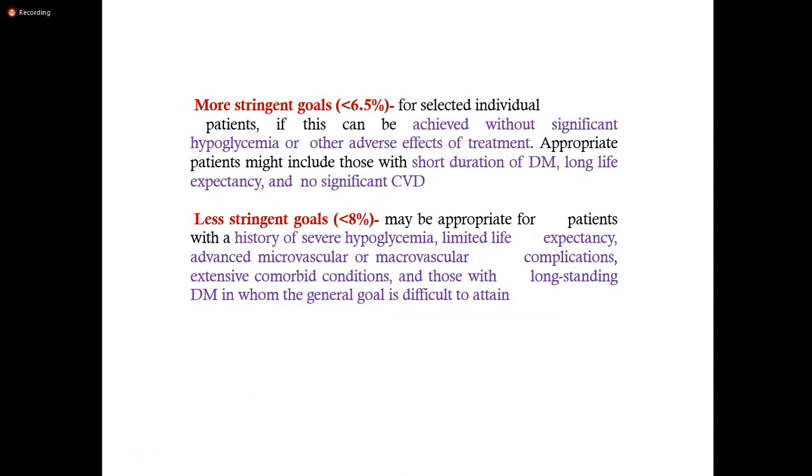This 7%, less than or equal to 7%, is the general value of HbA1c that you have to remember. That indicates good glycemic control if the HbA1c level is equal to or less than 7% in any person. But for some individuals, a young patient with fewer complications, a newly diagnosed patient, you want them to have a strict control, more stringent control. So in that case, we would like them to have a better control, having a lesser value of HbA1c.